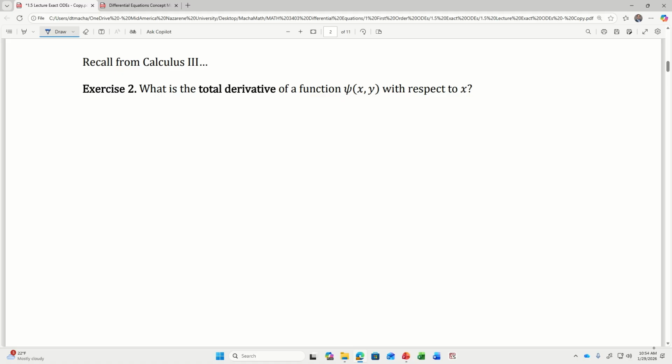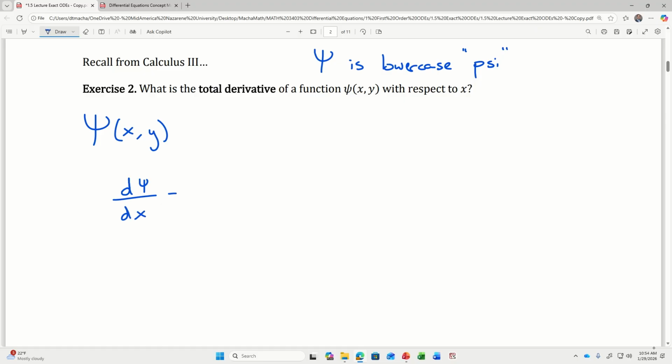If I have a function psi, and that's the Greek letter psi, and it's a function of two variables, x and y, then the total derivative of psi with respect to x is going to be the partial derivative of psi with respect to x plus the partial derivative of psi with respect to y times the derivative of y with respect to x.